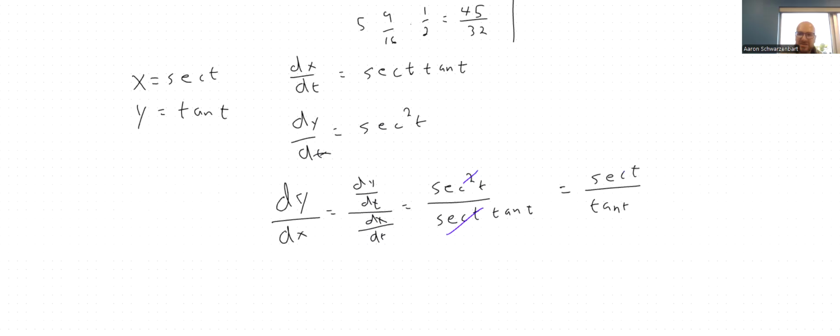which I think I can simplify more. Secant is 1 over cosine. Tangent is sine over cosine, which, dividing fractions, what do I do? Multiply by the reciprocal. My cosines cancel. I get 1 over sine t, which is cosecant t.